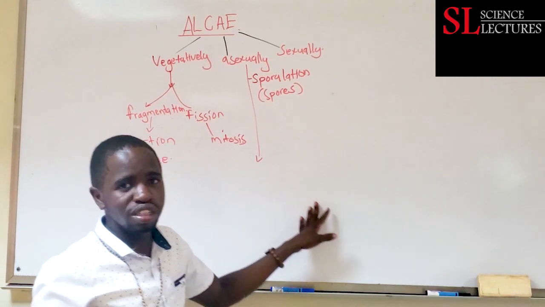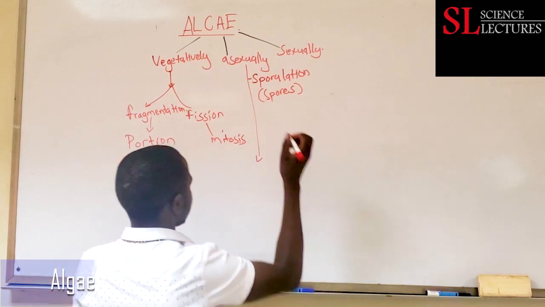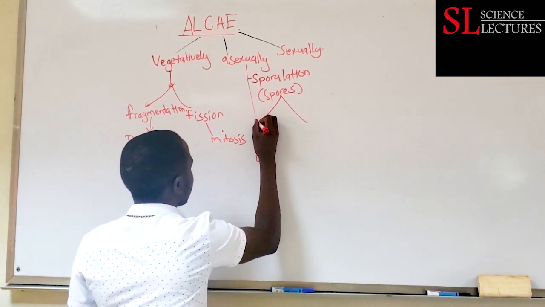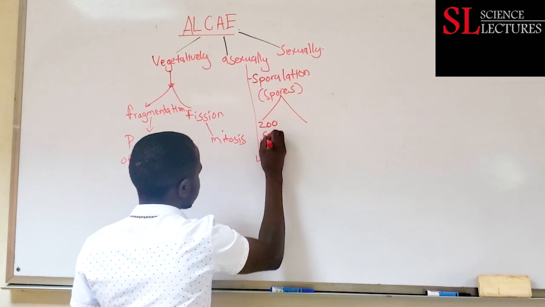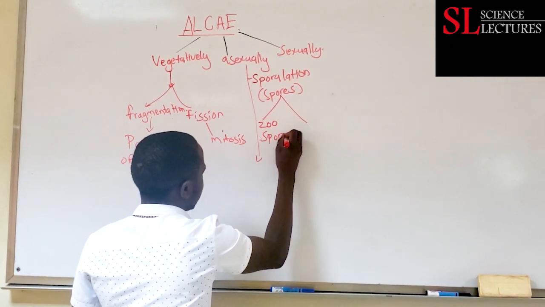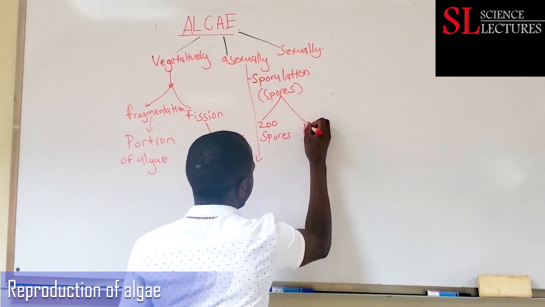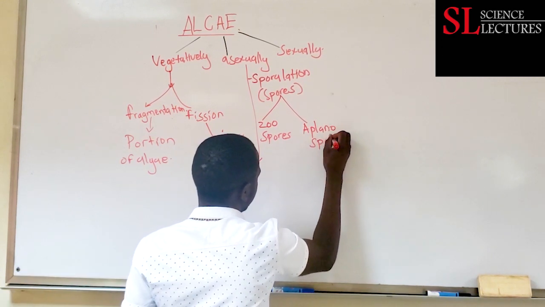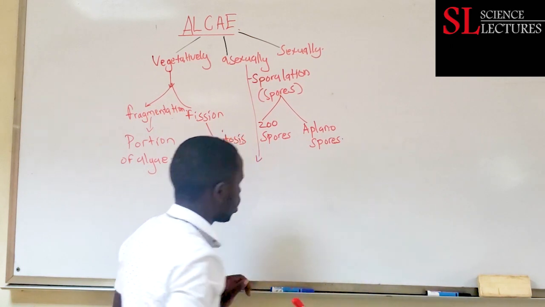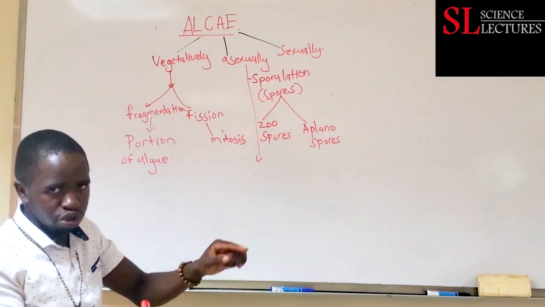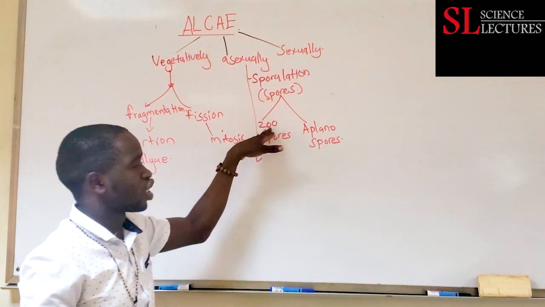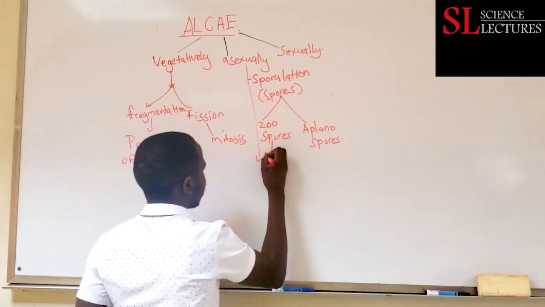And algae produces different types of spores. It produces two major types of spores. We have what they call the zoospores, and we have what they call the aplanospores. As you hear, zoo is definitely something moving. So algae produces spores that are motile.